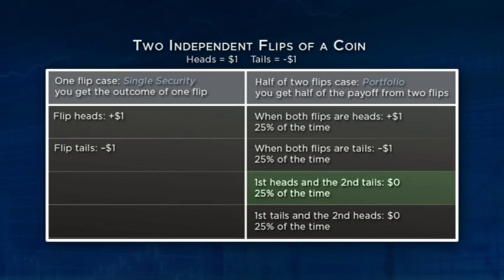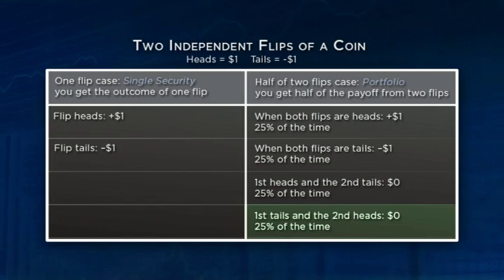This occurs 25% of the time. The other outcome is the first is tails and the second is heads. This also occurs 25% of the time. In these cases, which happen a total of 50% of the time, the payoff is 0, which equals the mean. Thus, the standard deviation of the portfolio of independent flips is lower than the standard deviation of any one flip.